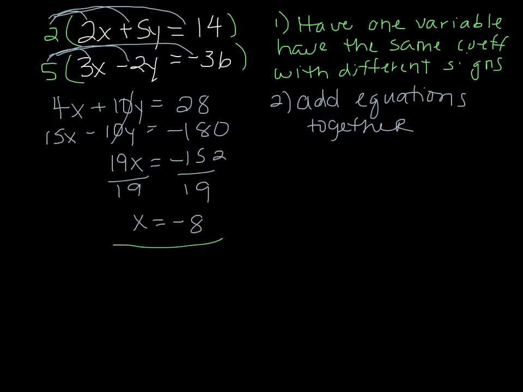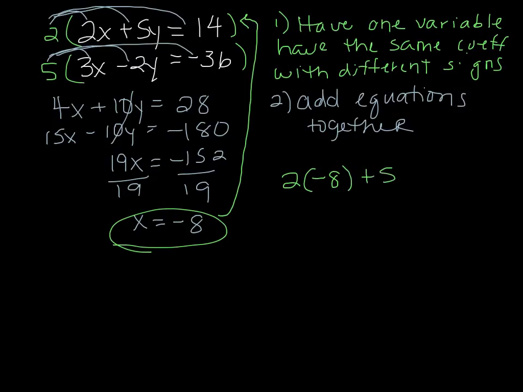So we take this variable and we substitute it into any of these equations. And I'm just going to go ahead and substitute it into the top equation in white. So we're going to have 2 times negative 8 plus 5y equals 14. So notice the white part here looks exactly the same as down here, except for where the x was, I put the negative 8 in its place.